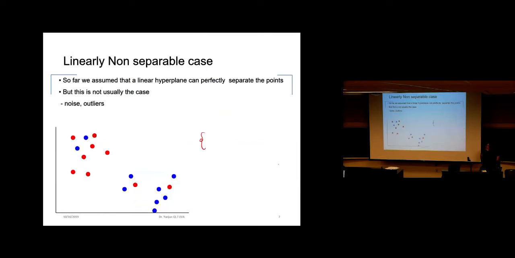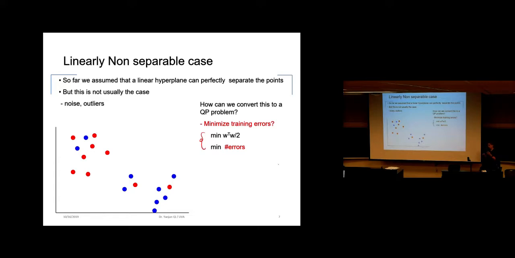All right, so now let's look at this case. For example, the majority of the points of the two classes can be nicely separated, but there are noisy samples. In this case, these two blue samples are in the dense red class side, and these two red points are on the dense blue class side. So how do you represent this? I still want to maximize the margin, which is equivalent to minimizing W transpose W over 2.